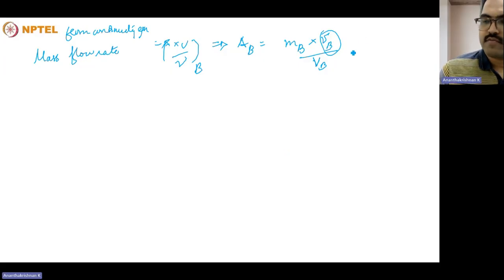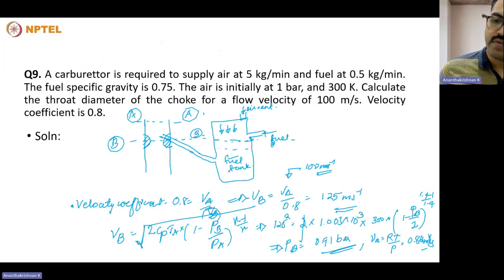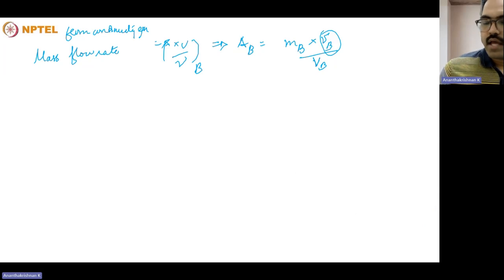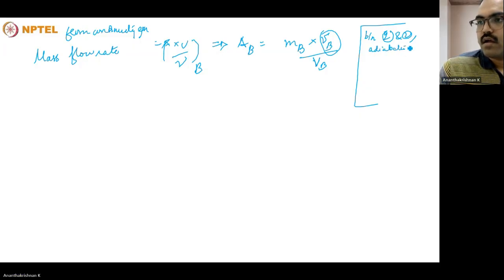How can we get the specific volume at point B? We know the pressure at both the points. We know the specific volume at the starting point; we have just calculated VA right now. Using, as I mentioned, the adiabatic equations between point 1 and 2, the adiabatic state equation, P into specific volume raised to gamma is a constant.